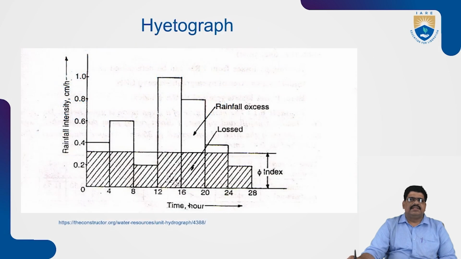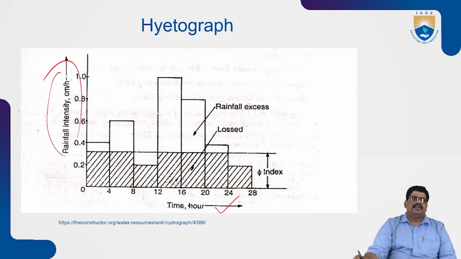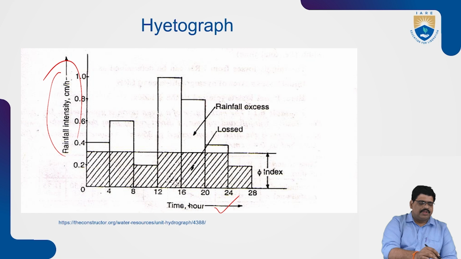Here the hyetograph shows time in hours, and rainfall intensity in centimeters per hour or millimeters per hour, as per our requirements. The intensities are 0.2, 0.2, 0.6 and 1. A horizontal line is drawn, and it is called the phi index, or W index.